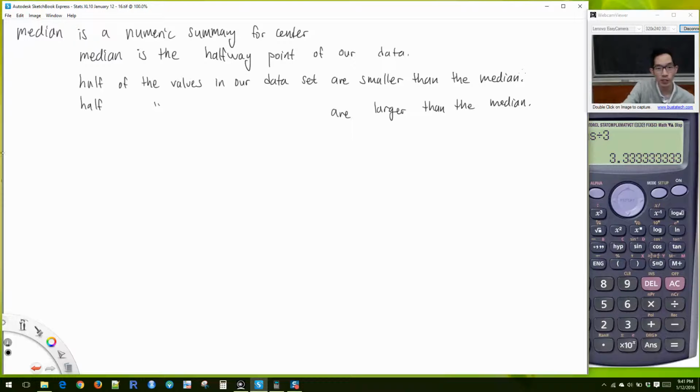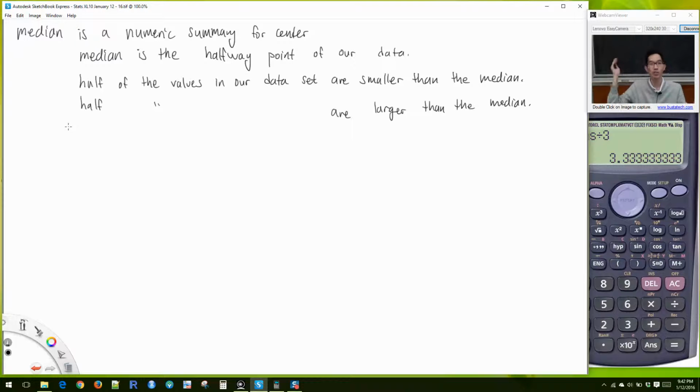And so to find the median, what we do is we count how many data points we have, we arrange them from least to greatest, and then we say, okay, if I've got 30 data points, I need to find the spot where 15 are smaller and 15 are bigger.